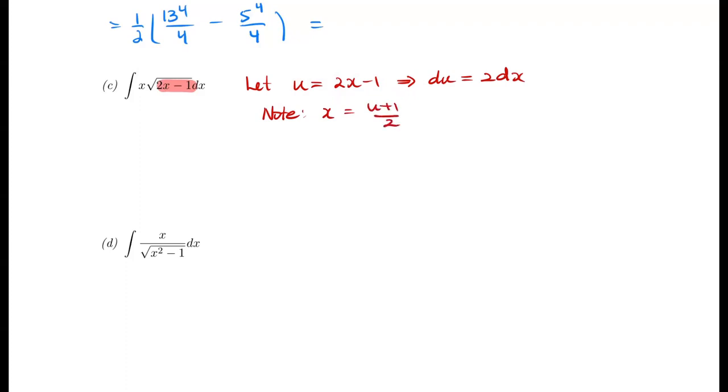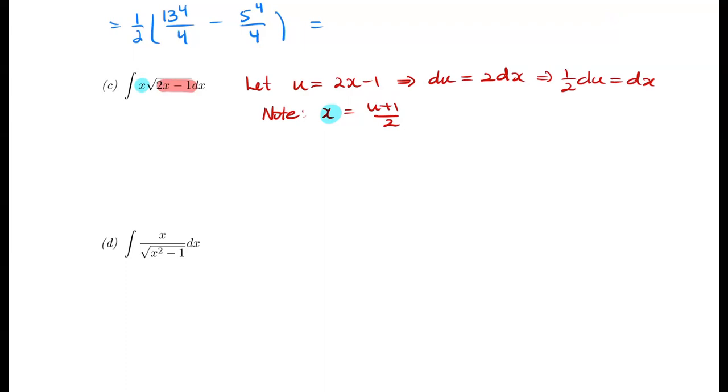So this is the x. This x that is over here is what we're going to substitute. Or actually, one more step. For the du here, we're going to write this as half of du, which is equal to dx. And now we're ready to substitute everything.